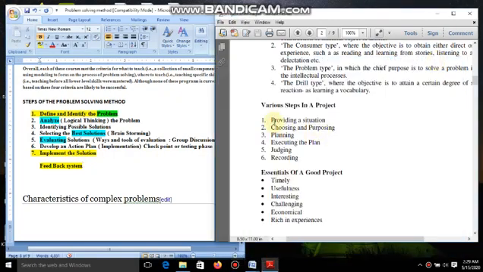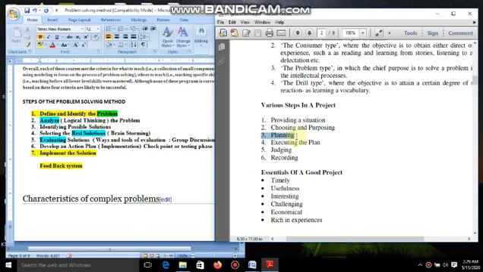Here in the case of the project method, planning action is the sixth step in problem solving, and here planning is in the third place. So how are these two different?